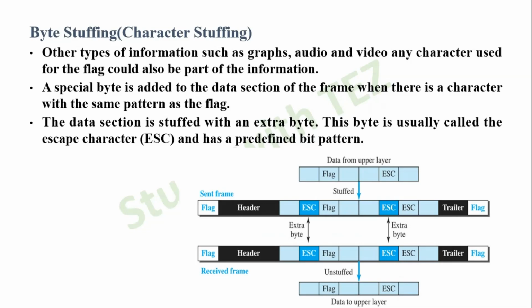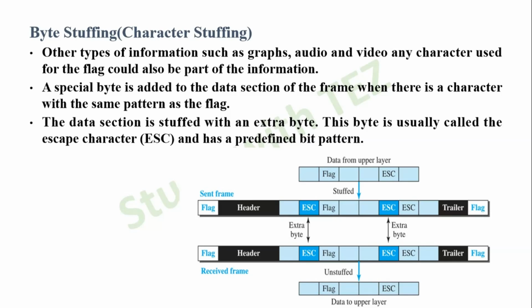Now, what if this data, whatever we wanted to pass, contains a flag? Then obviously the receiver might get confused whether that flag is the end of the frame or the beginning of the frame. Such confusions are possible. To avoid that, the solution found was byte stuffing.